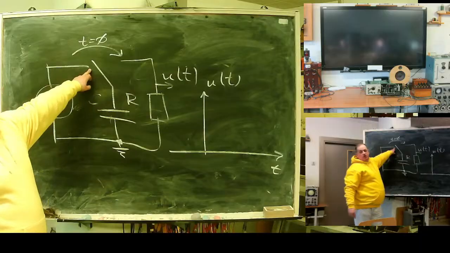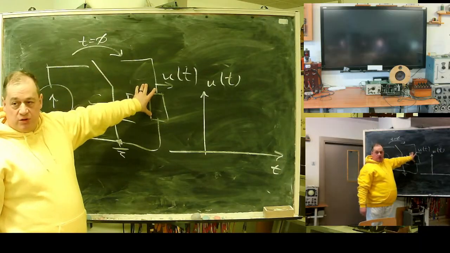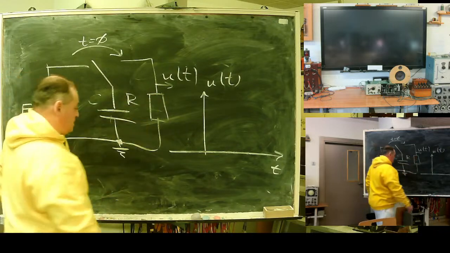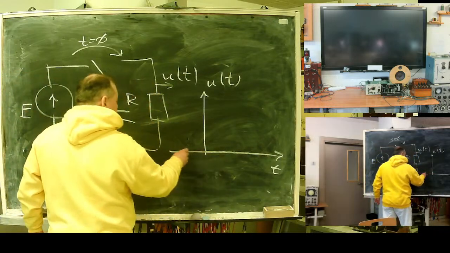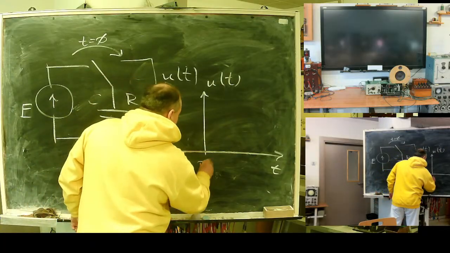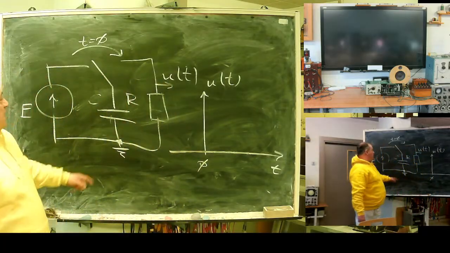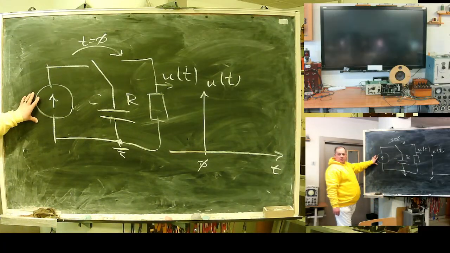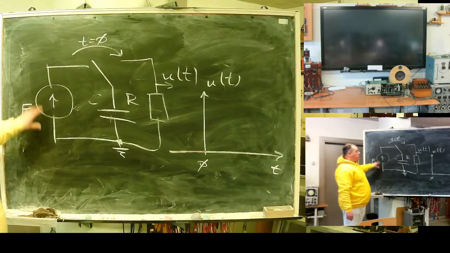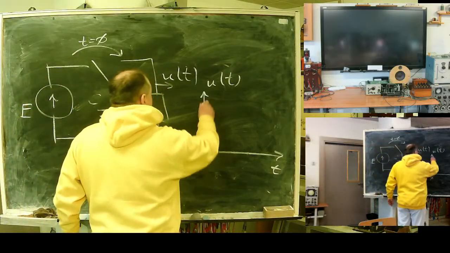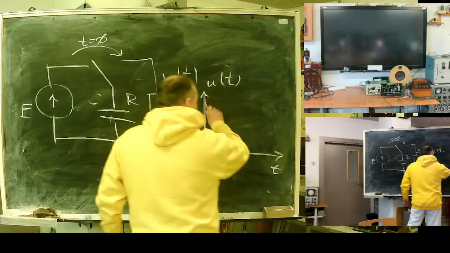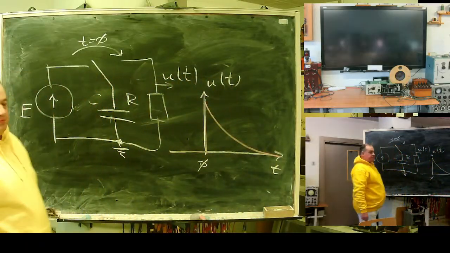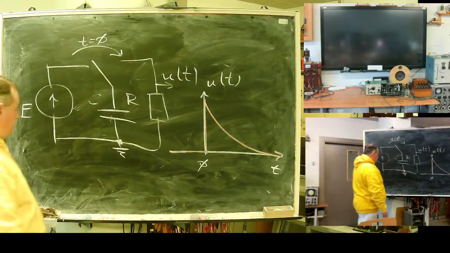Before the switch is turned, this part is not energized. All energy will be absorbed by the resistance. So before t0 we will see nothing, 0. After this, the capacitor charged up to E potential will discharge in a 100% sure way.